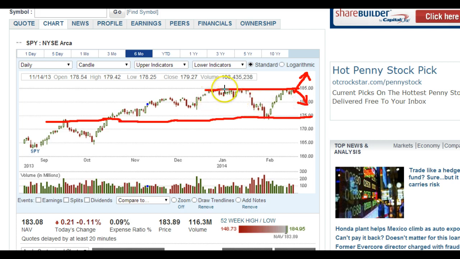And this pattern where you go between resistance and support is called congestion. So we're probably going to be in this congestion cycle, and right now we're at the top of the congestion cycle. So right now the recommendation would be to consider selling SPY versus buying SPY at this moment.